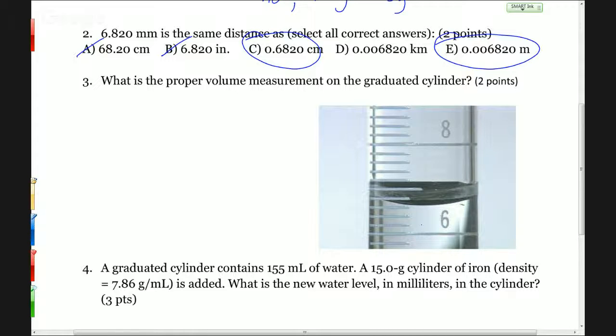When you first look at an unfamiliar scale like that, the first thing you have to do is figure out what each individual tick mark represents. How big of a difference is there between each? In this case, we'll assume this is milliliters because it says graduated cylinder. So we've got a 6 here, and that's this line, and then we've got an 8 here.